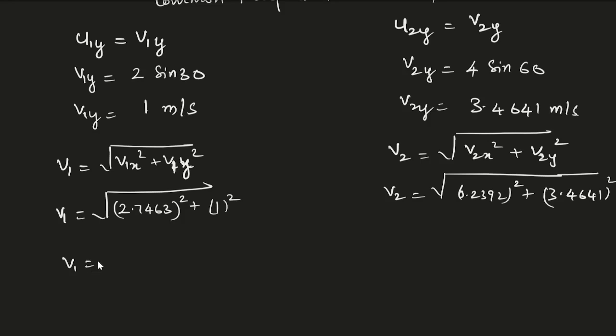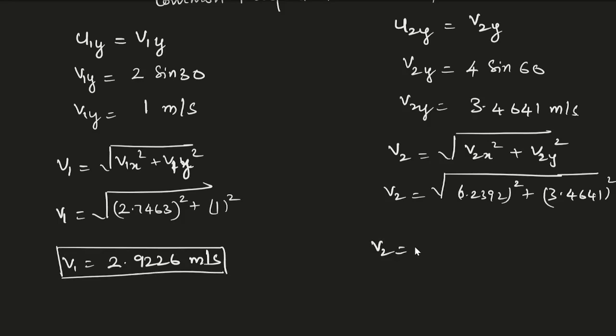So root of 2.7463 squared plus 1 squared, we get v1 equal to 2.9226 meter per second, and v2 equal to root of 0.2392 squared plus 3.4641 squared.